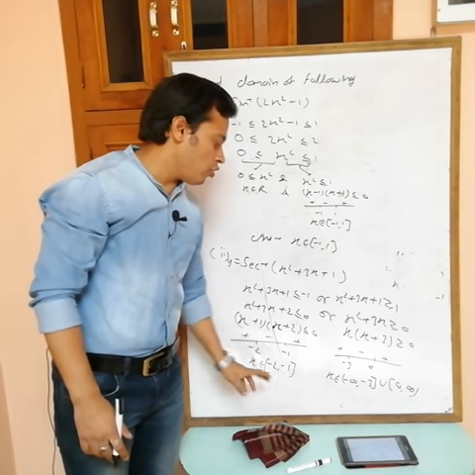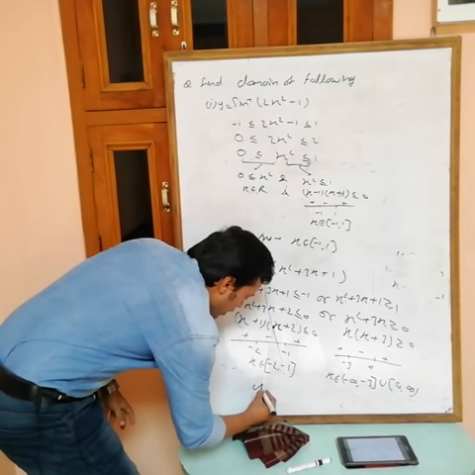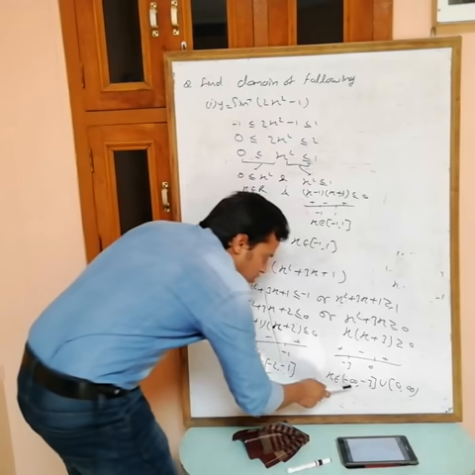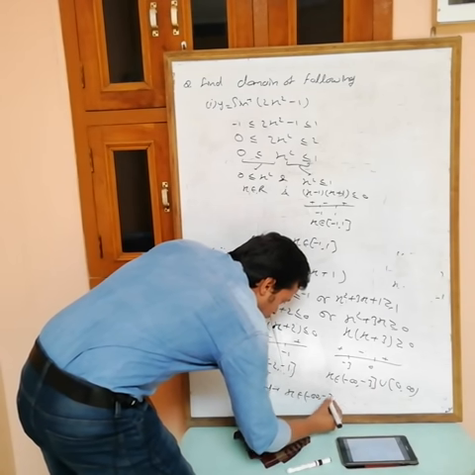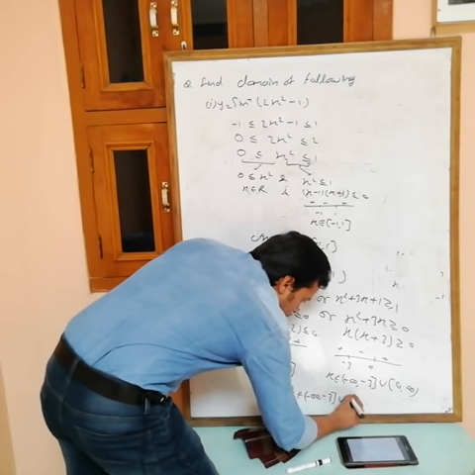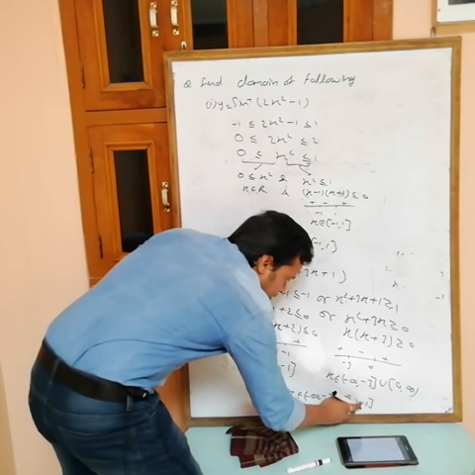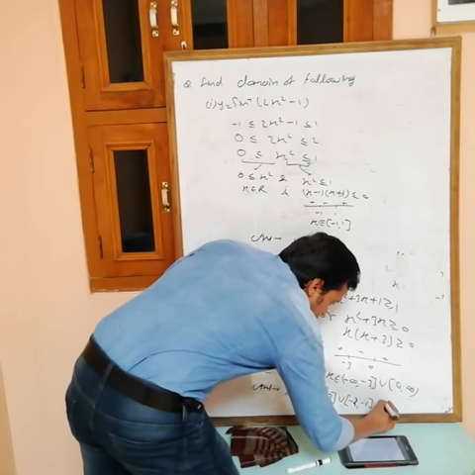Now here we have or, which means union. So the final answer is x belongs to minus infinity to minus 3, after that minus 2 to minus 1 with a union, and after that 0 to infinity.